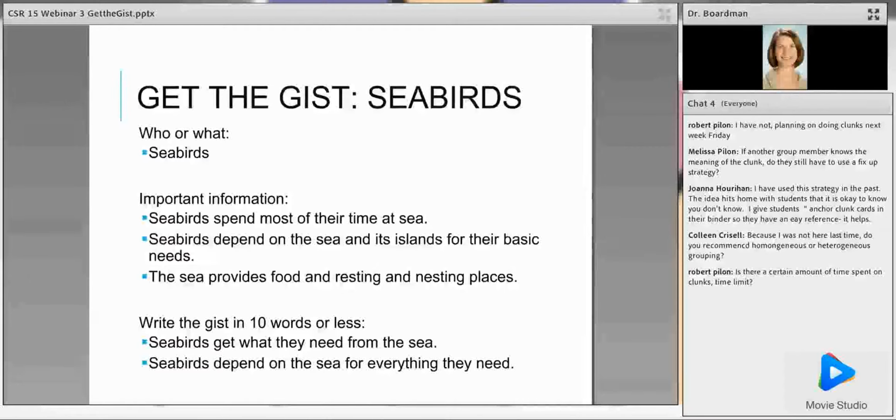Or they can use something like a whiteboard, and then together, let's say a group of 4 students, can have one place where they're able to write down the most important information, and then they can use that to write their gist. So I hope you can see how that would be a helpful scaffold. So rather than trying to synthesize an entire paragraph or even a half a page, what you're trying to synthesize is just a few key pieces of information that you have already extracted.